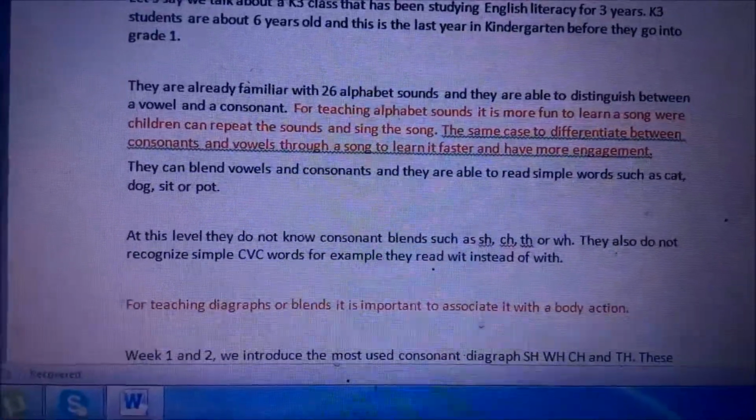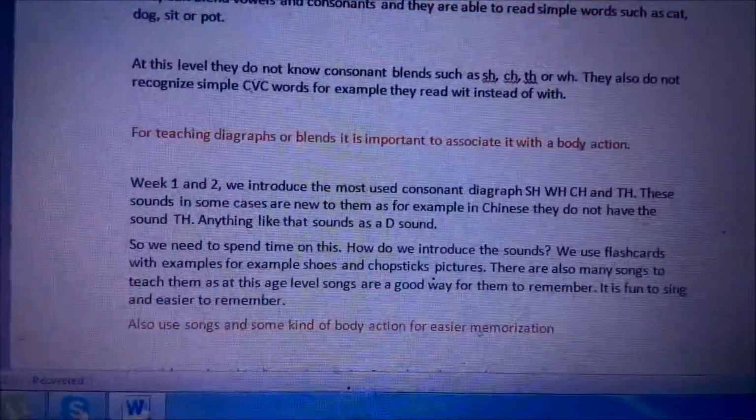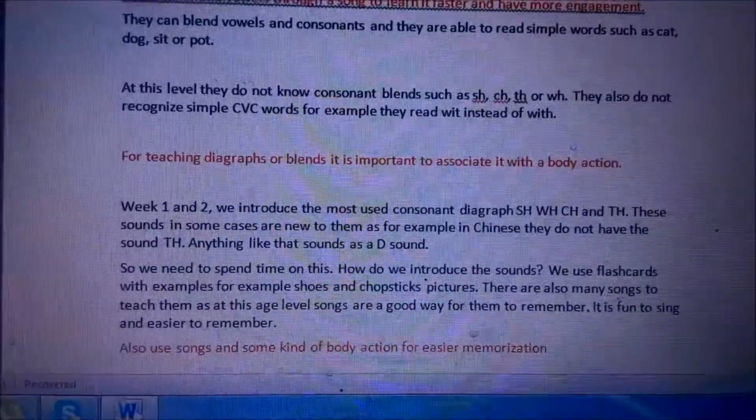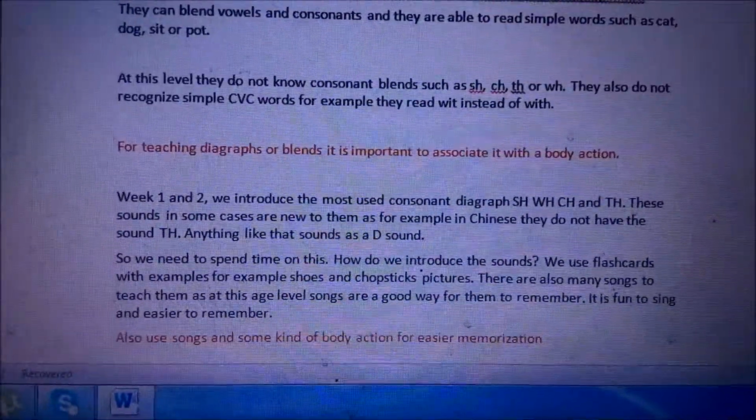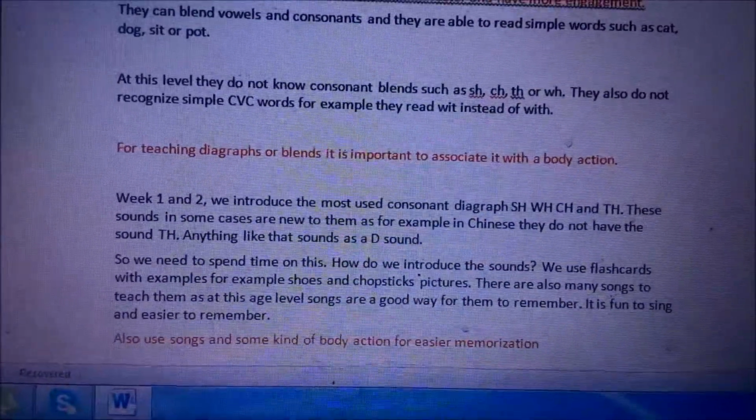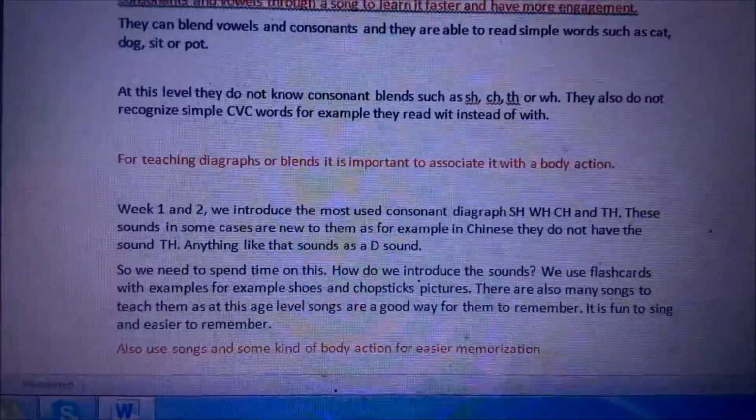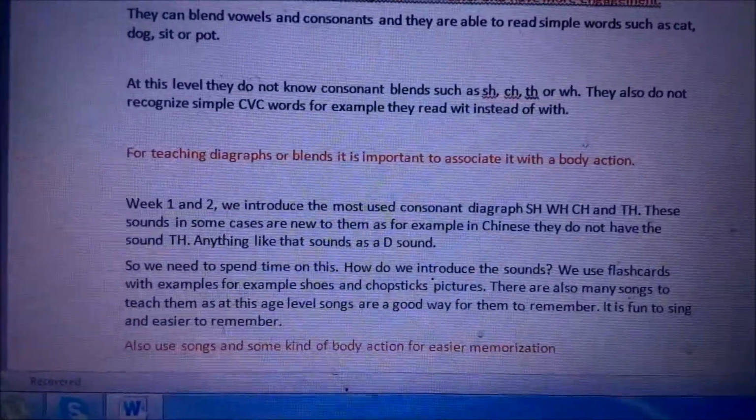If I teach, for example, WH, I would let them bend their knees or clap their hands or do some body action so they can memorize it easier.